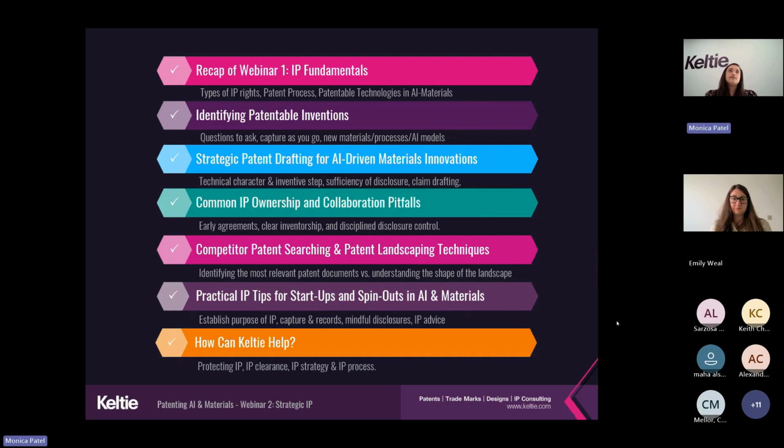We then covered some issues around IP ownership and collaboration, and talked through patent searching and patent landscaping and how those techniques can be used.